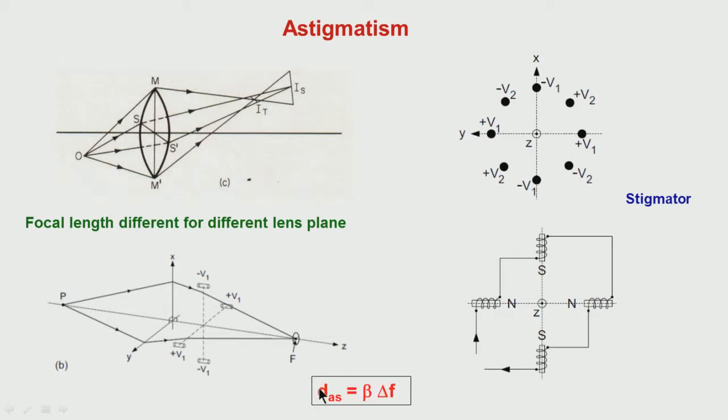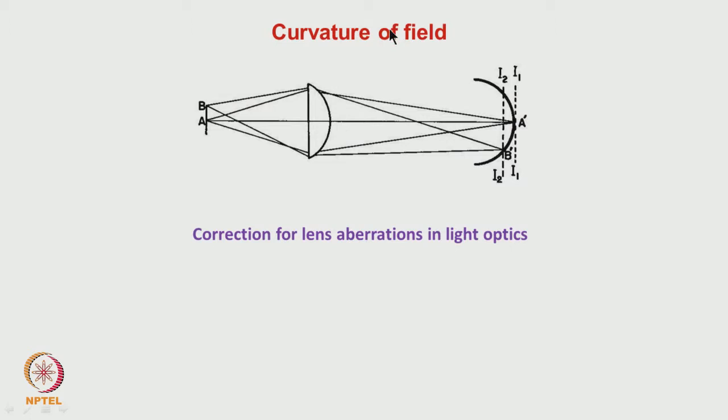The error for a point object, essentially because of astigmatism, turns out to be beta into delta f. What is beta? If this is the lens size and this is the diameter, and you keep an object at the center, the maximum angle it subtends with the lens is called the angle beta. The other one, as I mentioned, is the curvature of the field.